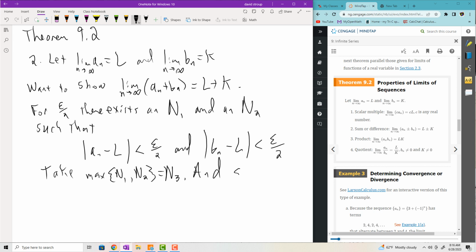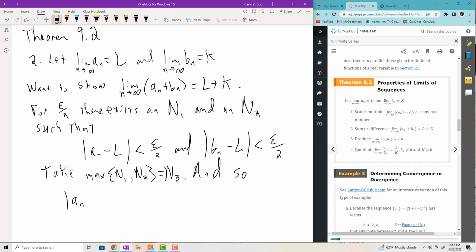And so we will have the following. Let me rewrite this so it looks a bit more like the strict definition of a limit.